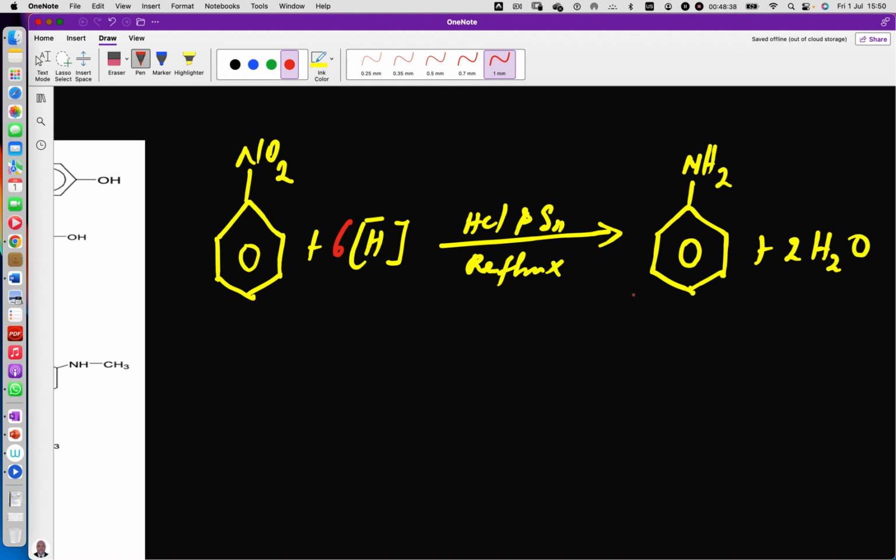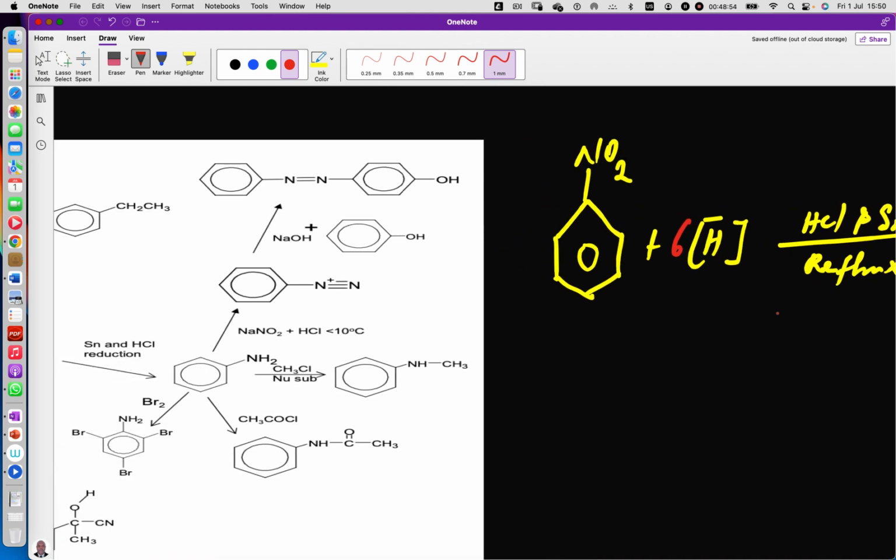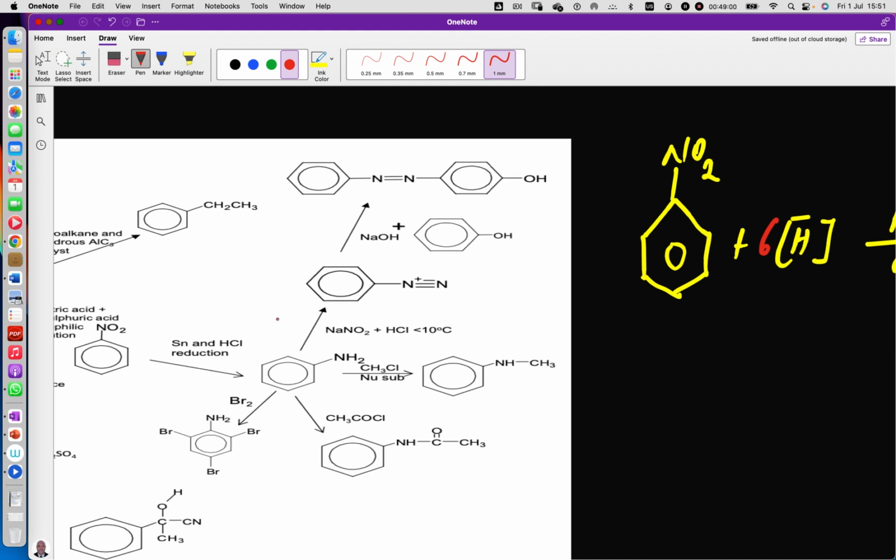So this is phenylamine. That is what we are going to produce. That is the phenylamine we produce from here by reacting nitrobenzene with tin and concentrated hydrochloric acid. Sorry. And this process is by reduction.